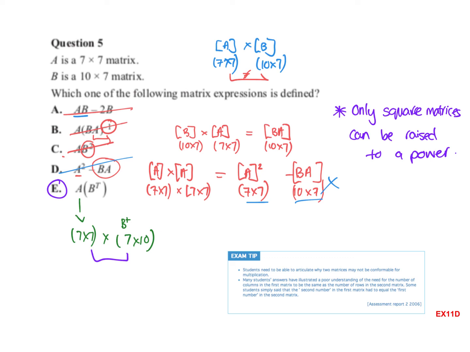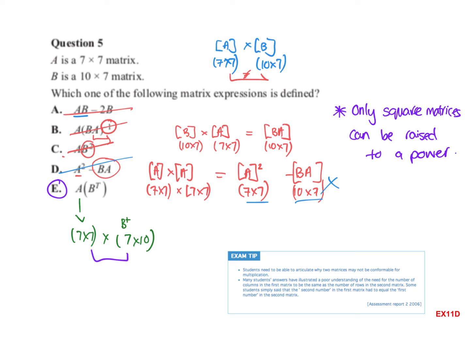Okay, just to quickly go over these students' tips. The examiners write a few little notes. Students may need to be able to articulate why two matrices may not be conformable for multiplication. So you have to be able to say matrix A cannot be multiplied with matrix B because the columns in A don't equal the rows in B. That's that statement I was saying yesterday.